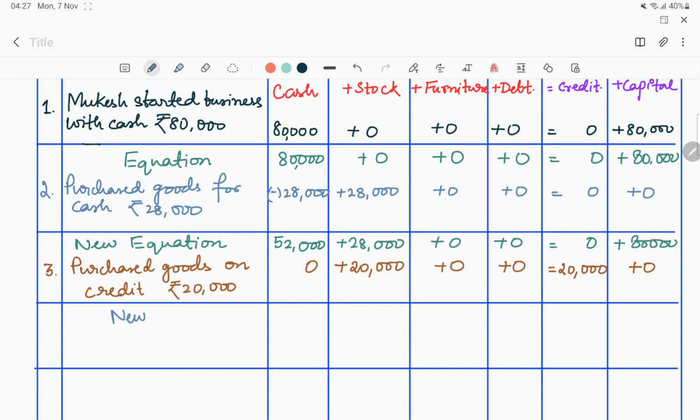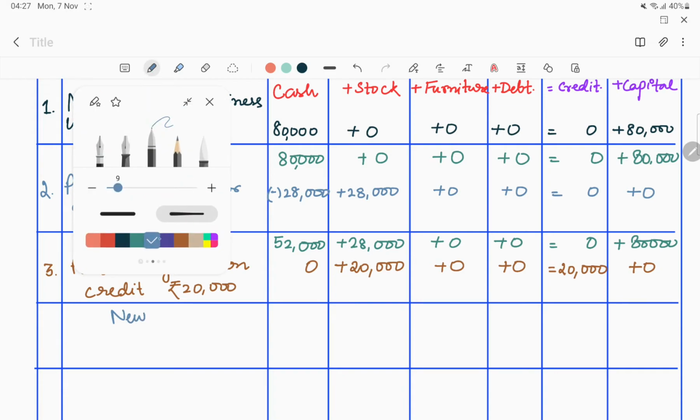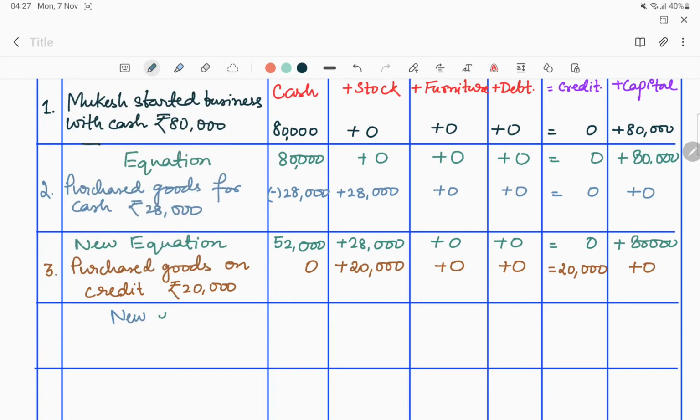So the new equation will be, you have to just add the previous new equation and the previous transaction. So we are getting here 52,000. Here in stock 48,000.